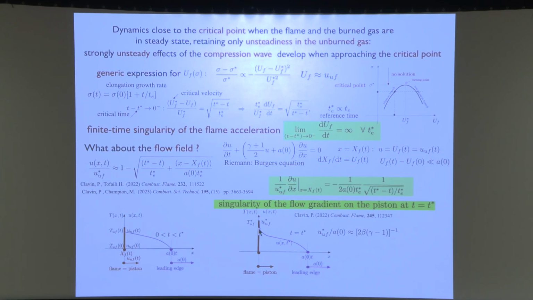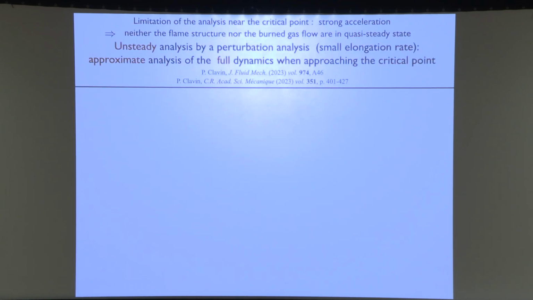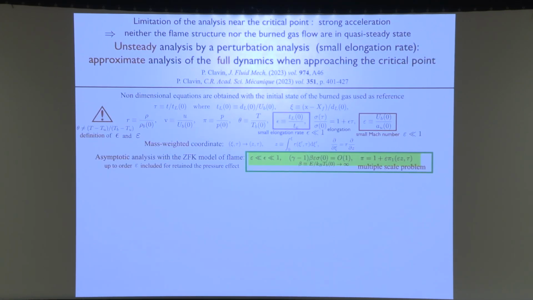So the gradient of the flow is going to diverge on the flame. And you can anticipate that this is the onset of a shock in the flame structure. And the question is, is this a mechanism of DDT? This is a question that I want to address now.